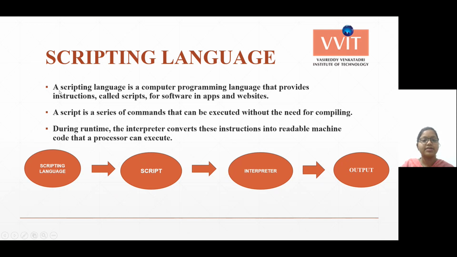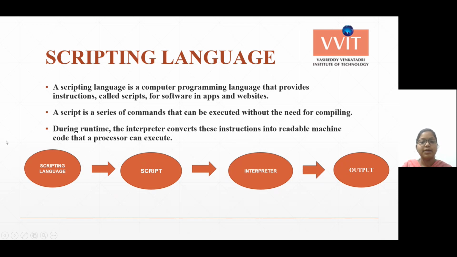A scripting language is a computer programming language that provides instructions called scripts. As I said before, the scripting language provides some instructions and they are called scripts. And a script is a series of commands that can be executed without the need for compiling.